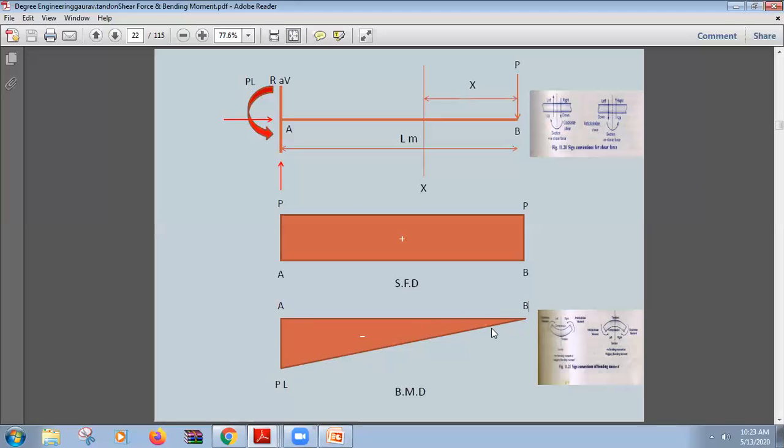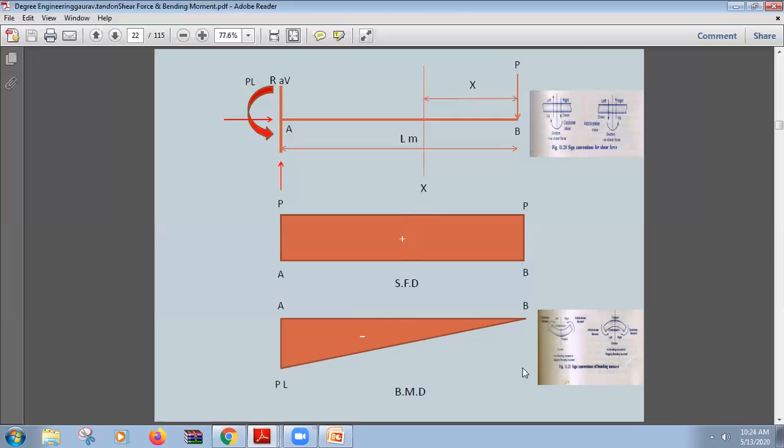This is a straight line because the only force acting from here to here is P, and because of this we have a negative bending moment coming from 0 to P into L, that is 50 Newton meter. This is the shear force diagram, that is positive, and this is the bending moment diagram, that is negative. I hope it's clear to you now.